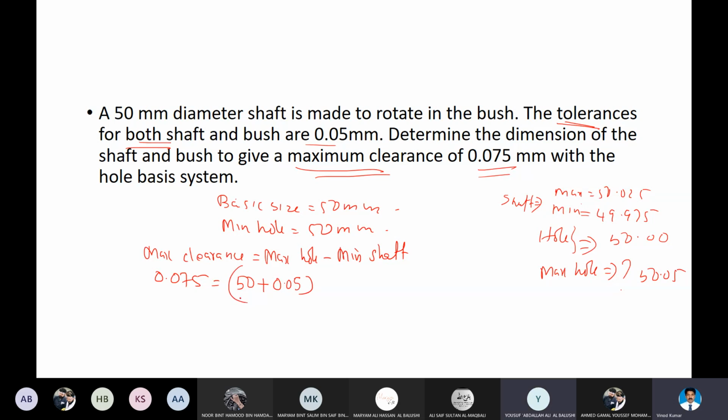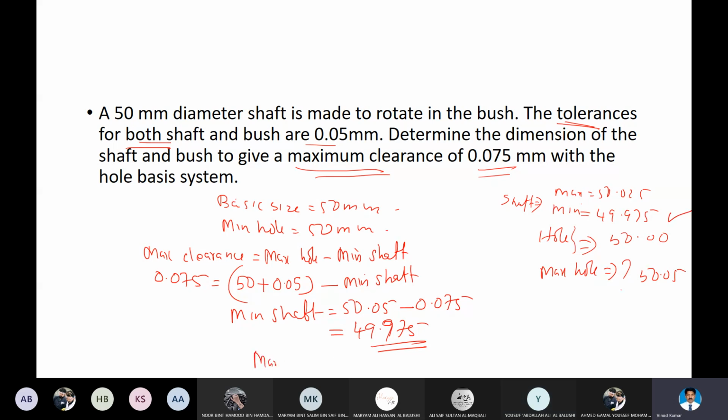Because the tolerance is given. The maximum hole is minimum hole plus tolerance, which is 50.05. So minimum shaft equals 50.05 minus 0.075, which is 49.975. So this is the answer for minimum shaft.